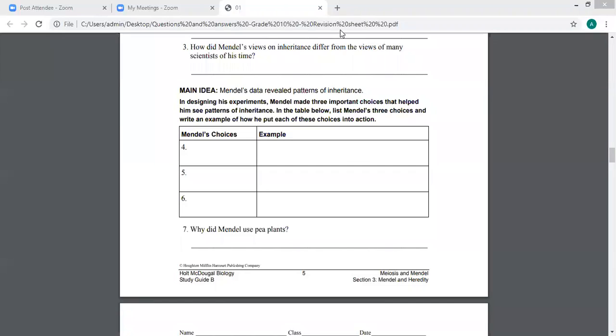Then he made sure by self-pollinating that the plants are pure, and studied 7 pairs of contrasting traits like pea shape, pea color, flower color, pod shape, pod color, flower position, and plant height. Okay, clear? Yes. Clear, Fatima? Yes. Okay.